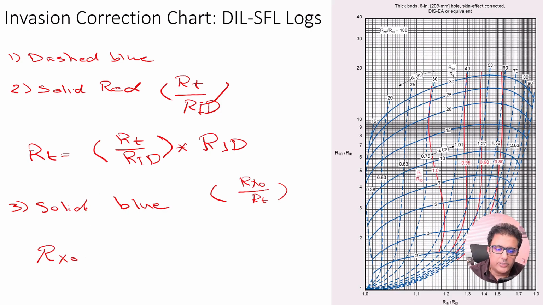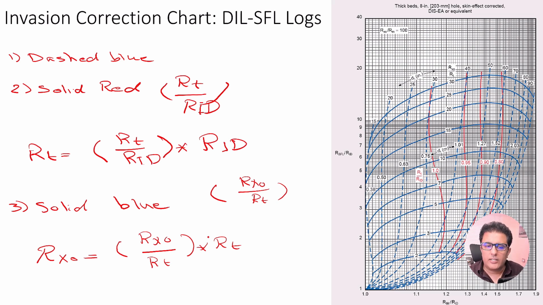RXO is obtained by the RXO over RT ratio times RT. Just notice that you have already calculated RT in the previous step. So this is how, using these three curves, you're able to obtain first the diameter of the invasion zone, second RT, and third RXO.